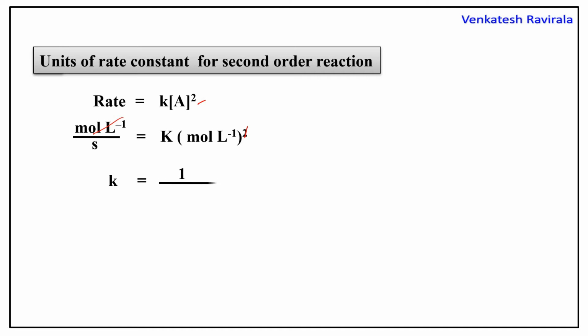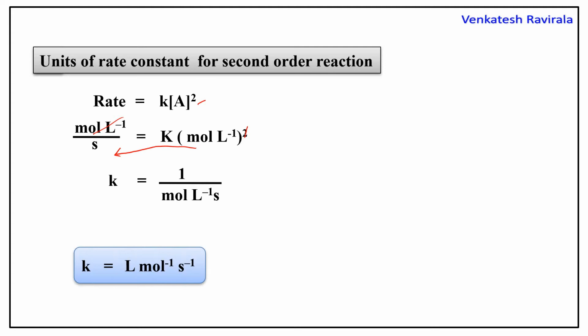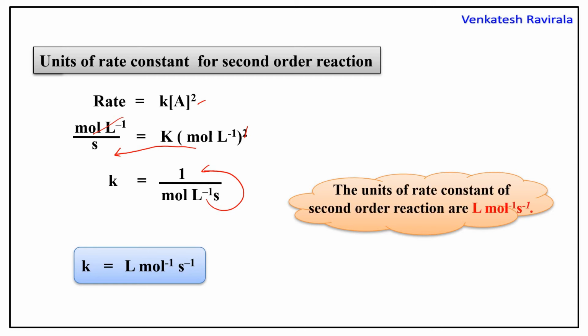K is equal to 1 by mole per liter per second. If the mole per liter comes here, it becomes liter. So liter into mole per second. So the units for rate constant of second order are per mole per liter per second, isn't it? This is the units actually.